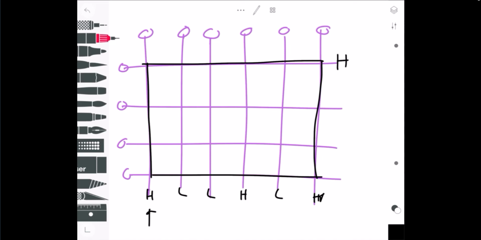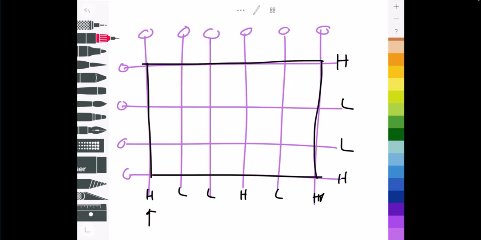And we're going to have a high point, and we're going to have a low point. And if we did a high here, then we're going to have a low on the exterior, so we don't want that. We want a high point, and so that means this one here is going to be a low point as well. So let's do our colors here and see what we end up with on our high points.